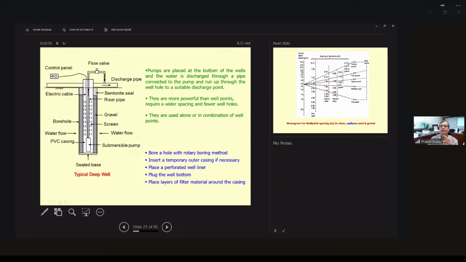Okay, so pumps are placed at the bottom of the well, and they are more powerful than well points. It requires wide spacing and fewer well holes because it's a deep one. They are used alone or in combination with well points. So this can be used as a deep combination, with just the pump on the top and then the well. These are the few things I just want to mention over here on deep wells.